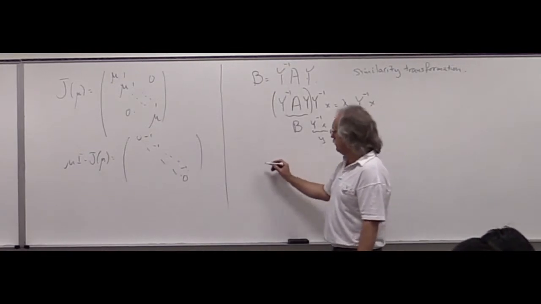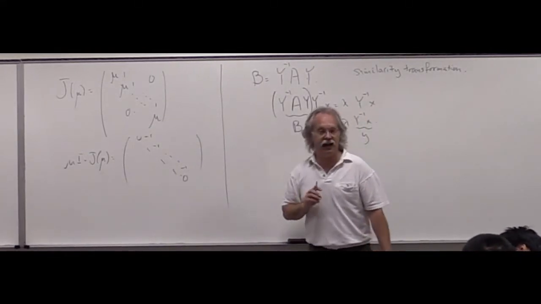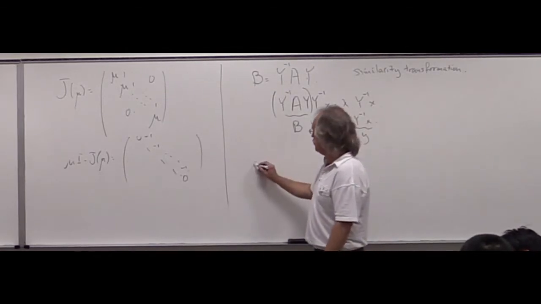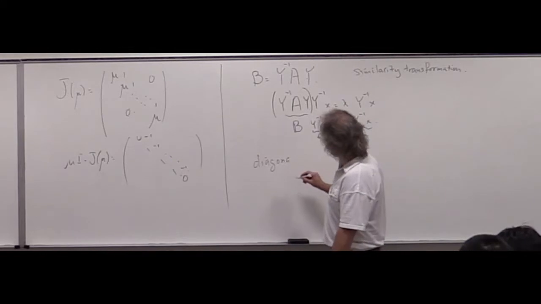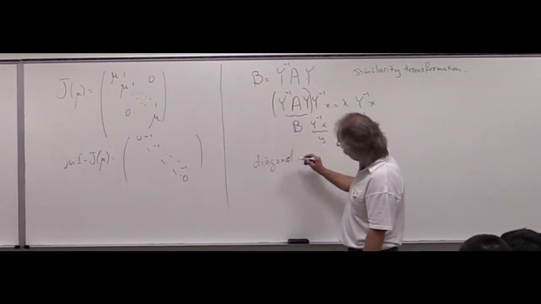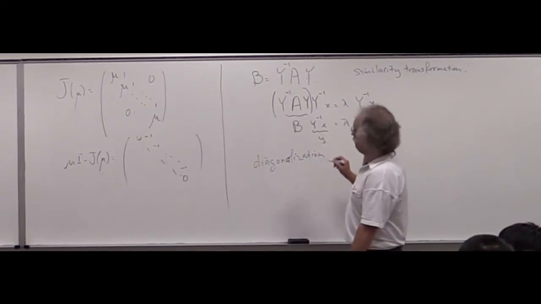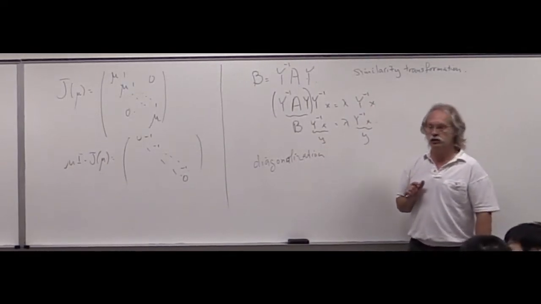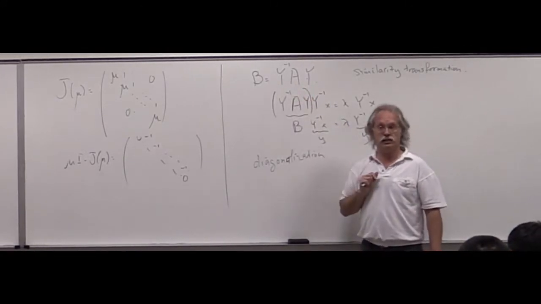And that's why often when you talk to mathematicians, this topic of finding eigenvalues and eigenvectors is often called diagonalization of matrices, okay?